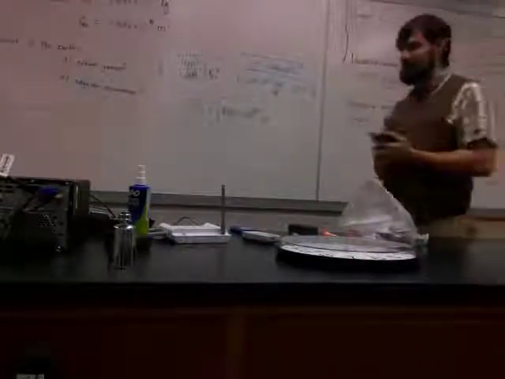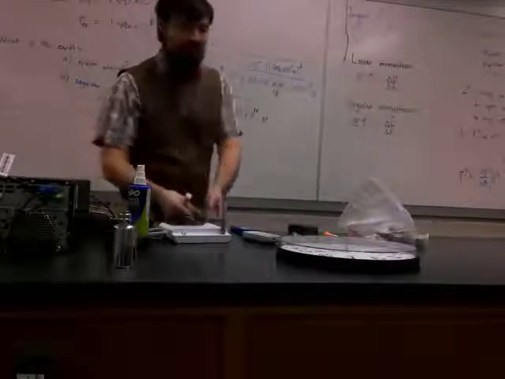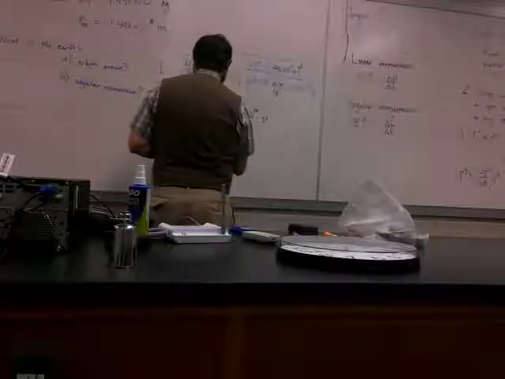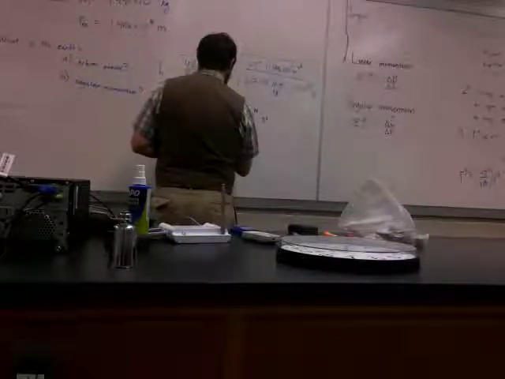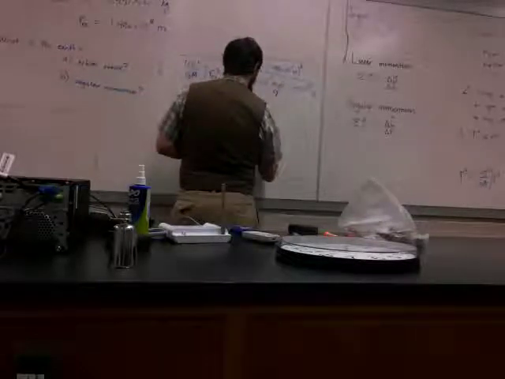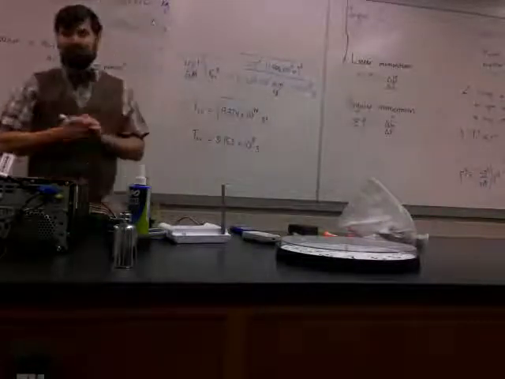So we take a square root, and what we end up getting is about 3.153 times 10 to the 7 seconds. That's your orbital period.